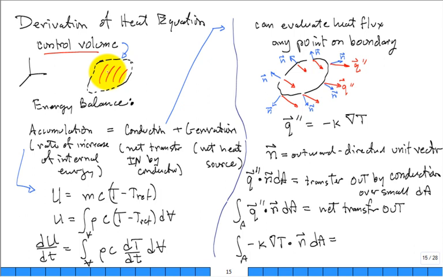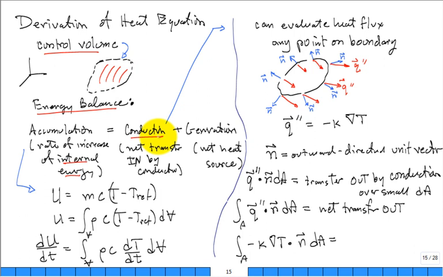So you think, what is an internal energy balance statement for that control volume? It's not a total energy, just internal energy. The accumulation going up or down of the internal energy in that control volume will be changed by the conductive heat transfer.